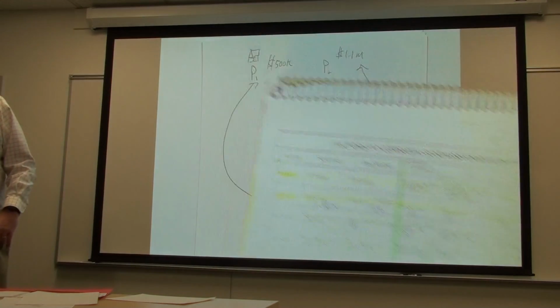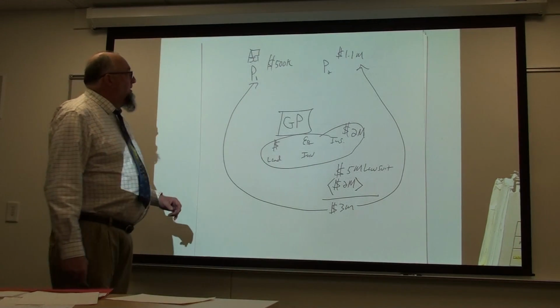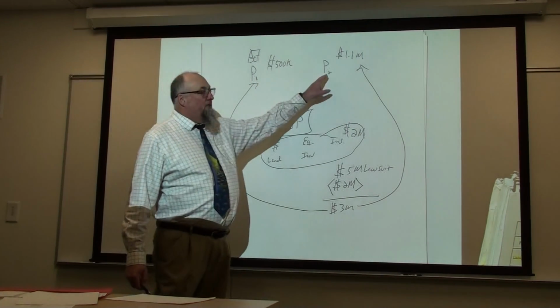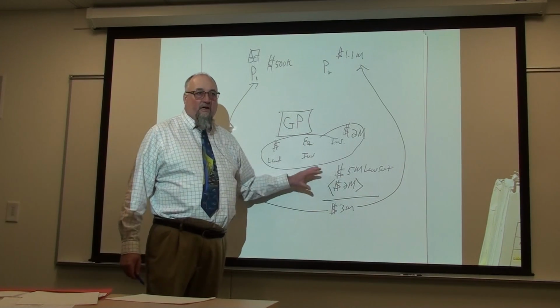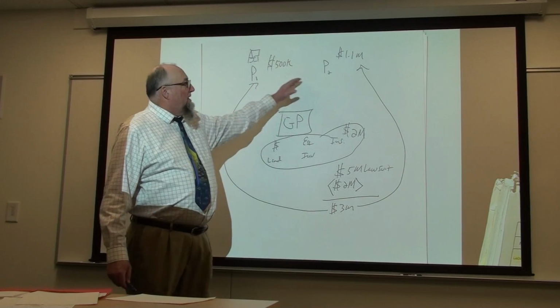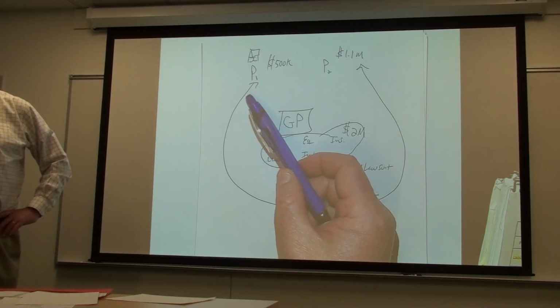So there's another problem that we run into when we talk about a partnership, and that is individual liability of each partner. So here we had a lawsuit arising out of the business activity, but the other problem with the partnership is, let's say this partner goes out and does something wrong.